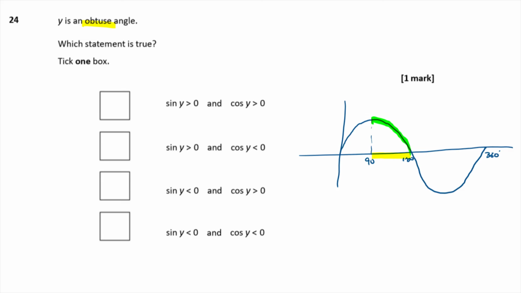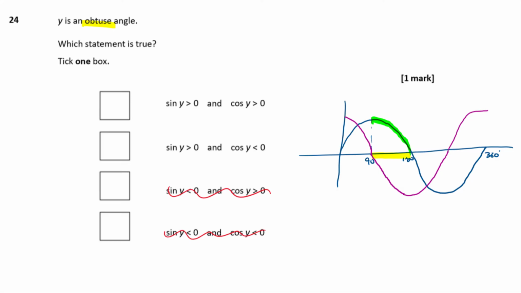So it's definitely sine is positive, so it's not going to be that one and it's not going to be that one. Now what's cos doing? Let's just switch pen. So cos starts at 1 and then it heads down to 0 at 90, and then it is at minus 1 at 180, and let's put 270 in there as well, and then it's back up to 0 at 270, and then back up to 1 at 360.